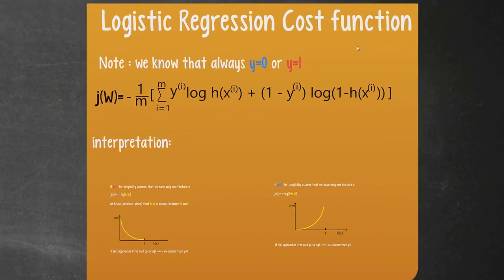So, the logistic regression cost function. Note that we know y always equals 0 or y equals 1. So this is the cost function we're gonna use. Don't get shocked, I'm gonna explain. First, this cost function didn't come just out of the air. It's actually very long mathematical work to get here.